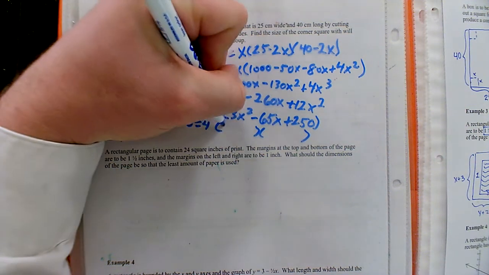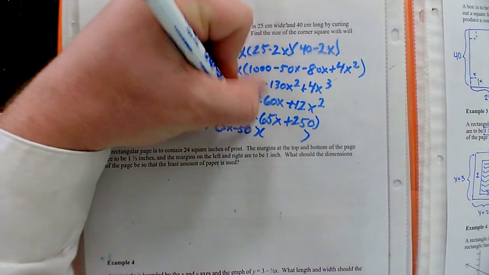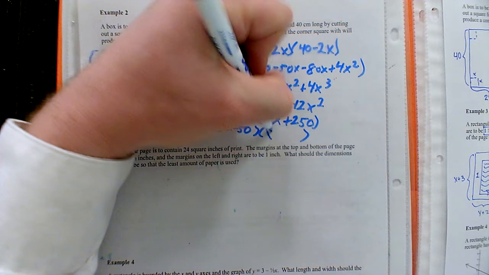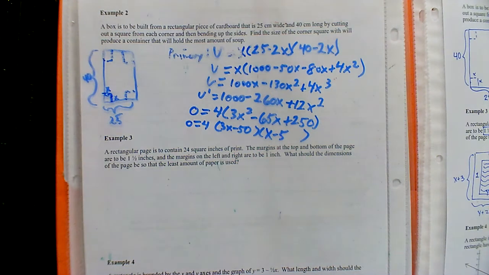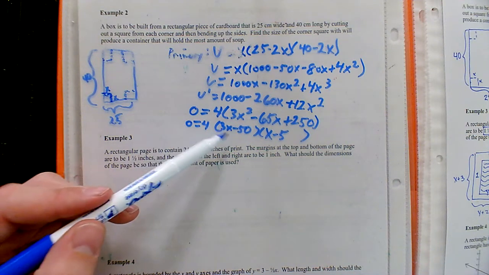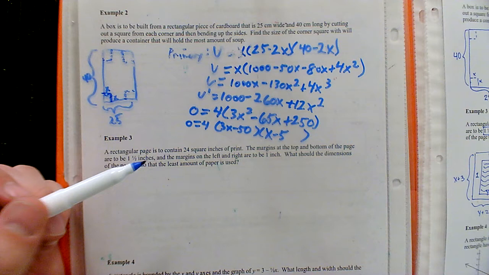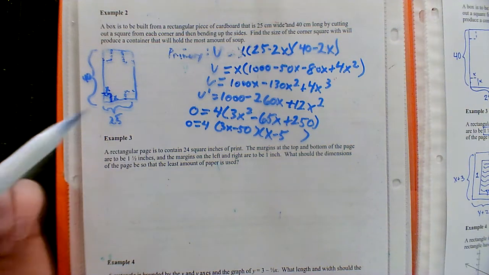I have 3x minus 50, and what's my other factor? X minus 5. Okay, so that's my factored form. 0 equals 4 times 3x minus 50 times x minus 5. I already have it equal to 0, so now I just need to solve for my factors. The 4 is going away.